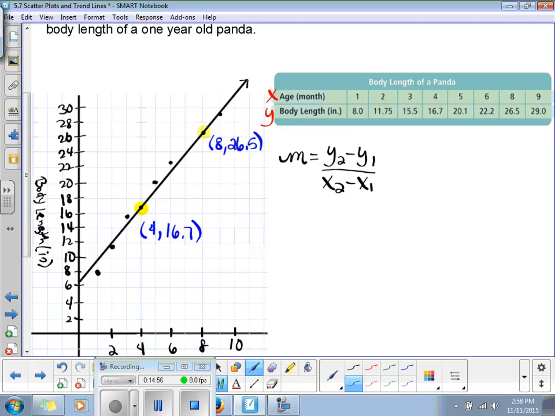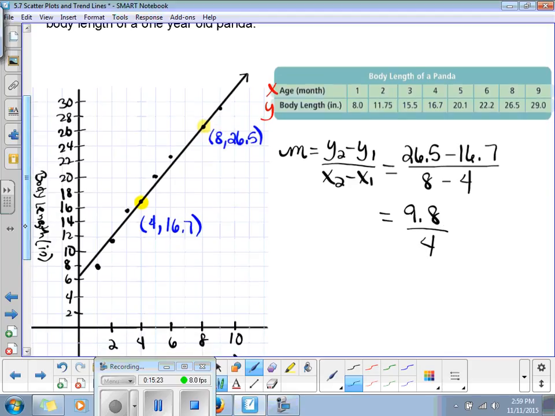So now we substitute in. So we've got 26.5 minus 16.7 over 8 minus 4, which is 9.8 over 4.